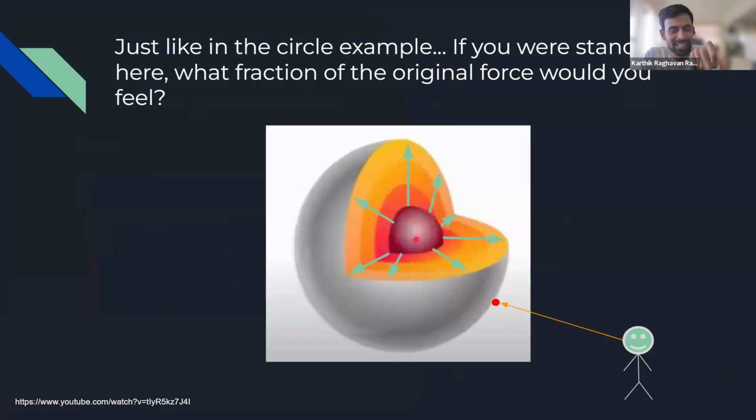Initially when the sound came, first the sound was in this dark red bubble. Then it slowly spread to the light red. Then it went to the orange. Then it went to the yellow. What Kepler is saying is the amount of energy is the same, but as it spreads, the energy spreads across a bigger thing.